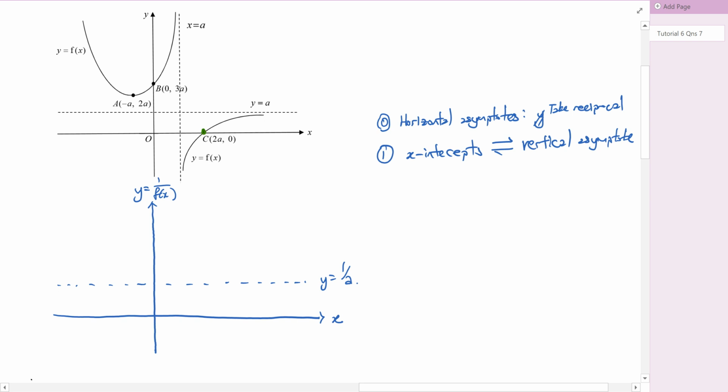We have an x-intercept here, point C. What translates is that this will become our vertical asymptote, x equals 2a. Vice versa, you have a vertical asymptote here, and it becomes an x-intercept.